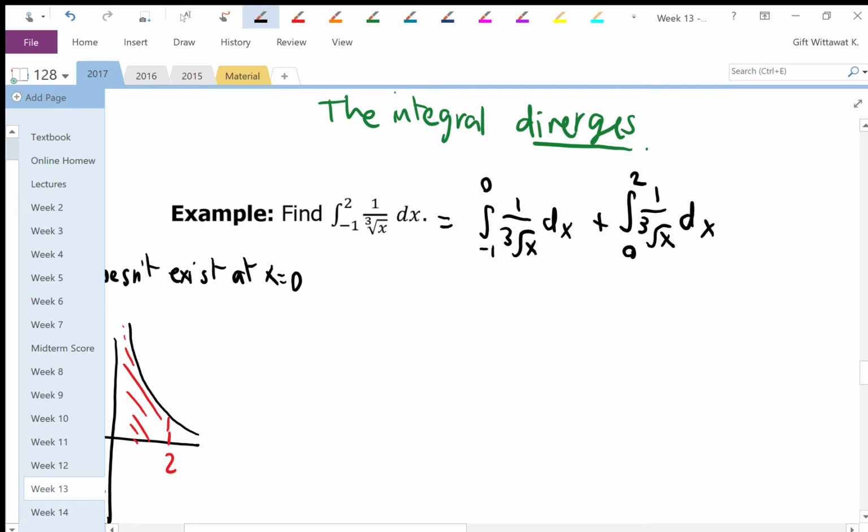That means I'm going to use the improper integral twice. It doesn't look too bad, so let's do it.